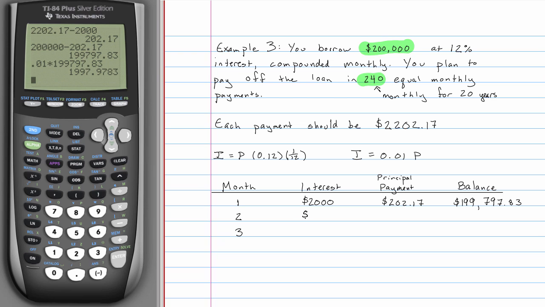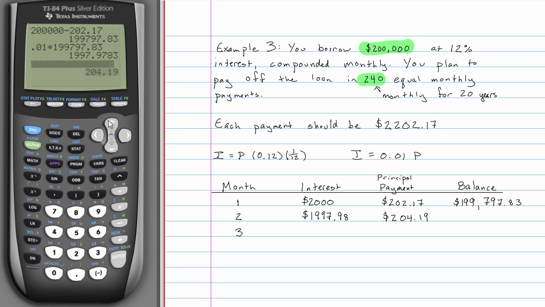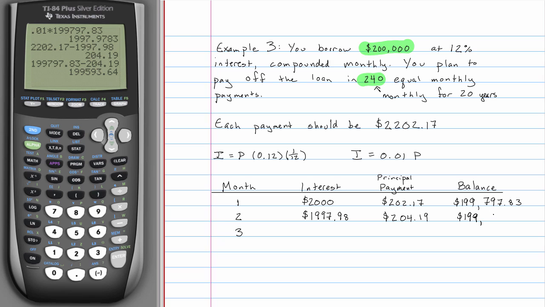So next month we have a little bit less interest, $1,997.98, which means that a little bit more of our payment goes toward the principal. $2,202.17 minus $1,997.98 is $204.19 that goes toward our principal now, which means that now we owe that old balance minus this principal payment, which is $199,593.64.